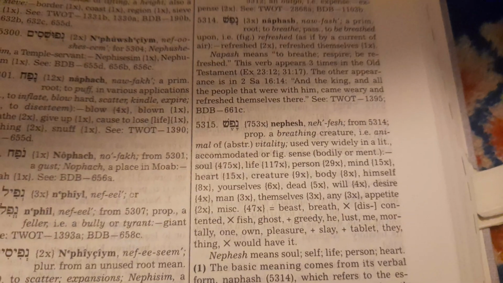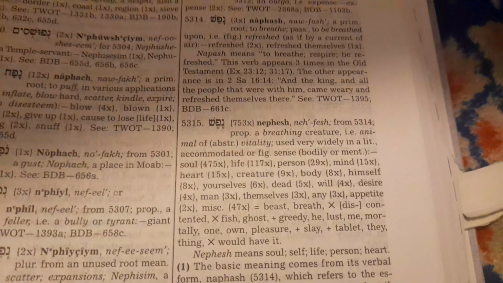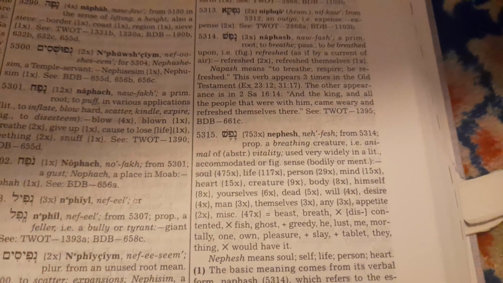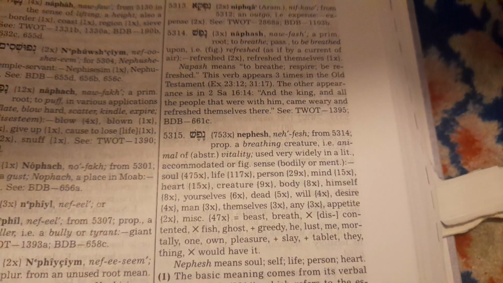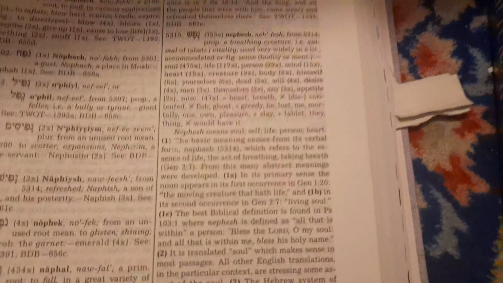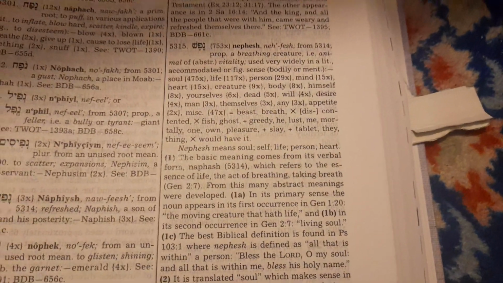It's translated life 117 times, person 29 times, mind 15 times, art 15 times, creature referring to an animal 9 times, body 8 times, and so on. And then it gives you the meaning of the word. Nefesh means soul, self, life, person, art.